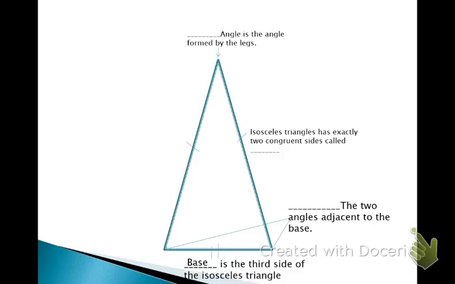The base in an isosceles triangle is the non-congruent side, the third side. These two are congruent. The base is the side that's not congruent to these two. Unless it's an equilateral triangle, in that case any of the sides could be the base. But in this case, this is the base. The base is the third side of the isosceles triangle.